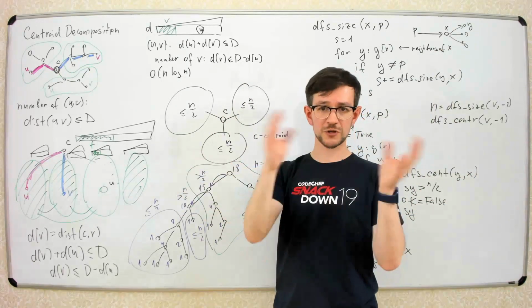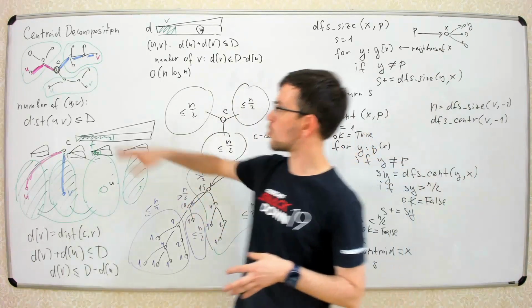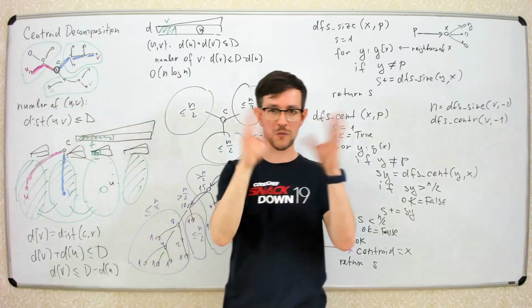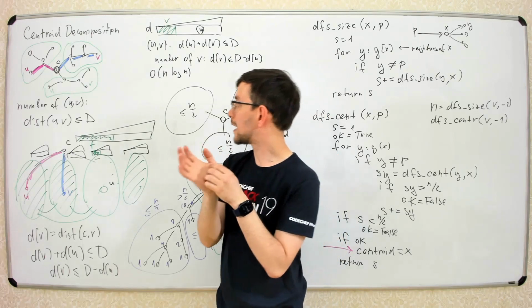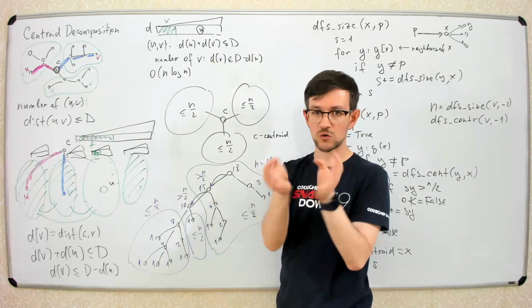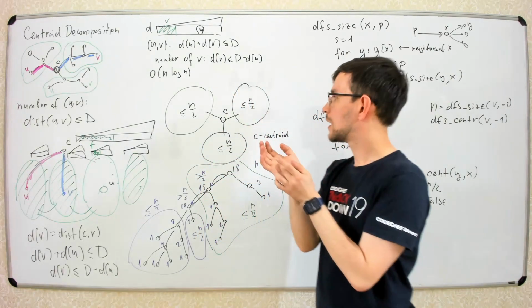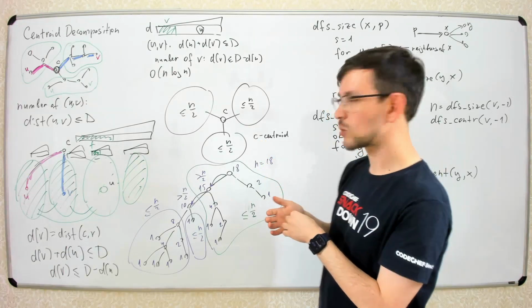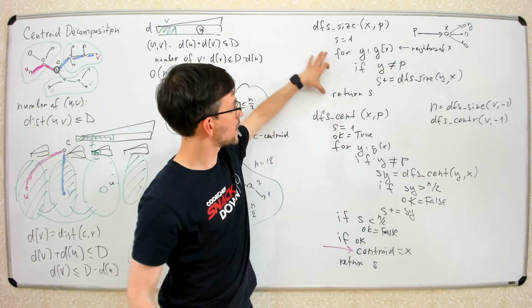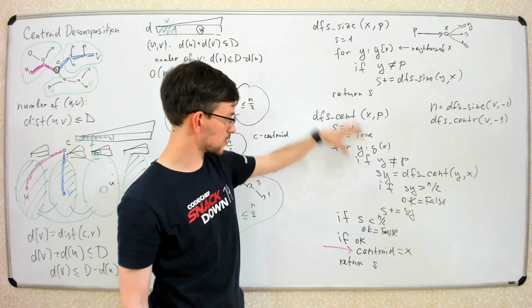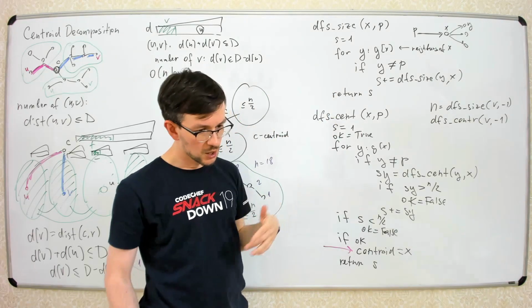Again, this is a recursive procedure, right? So I only work in this area of my tree, and I want to calculate the size of this small area, so n is the size of my area of the tree. And now in my area of the tree, I want to find the centroid, and I use this code to find the centroid.